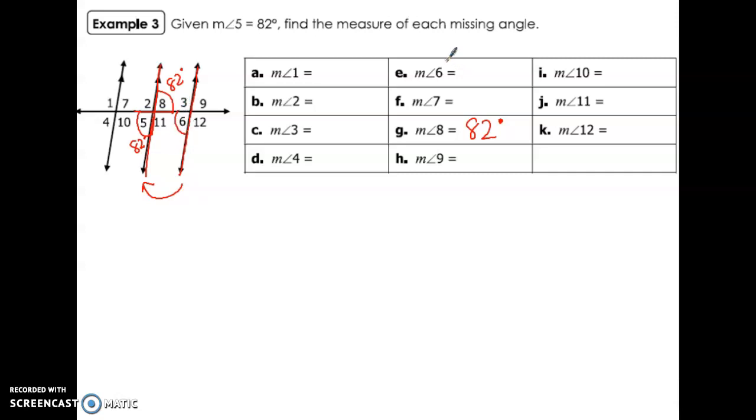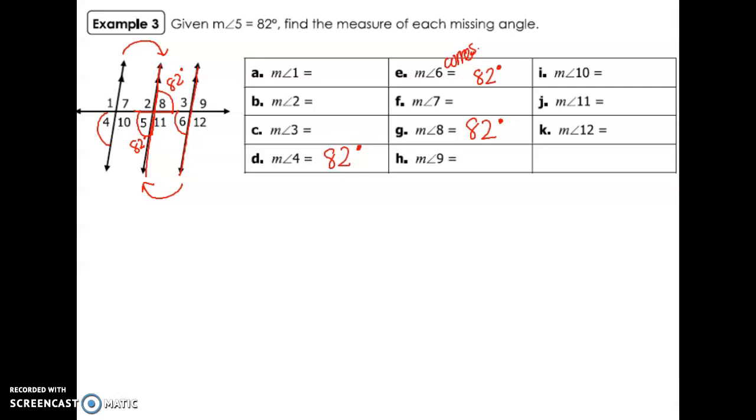So these are corresponding. You can say angle 6 also measures 82 degrees. And using that same corresponding, if we laid this line on top of this other parallel line, angle 4 would also be corresponding to angle 5. So without any math, this is also 82 degrees.